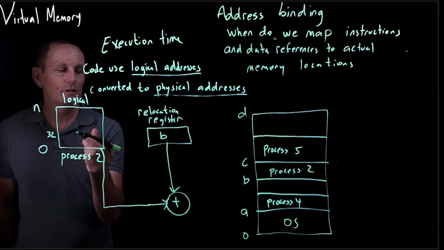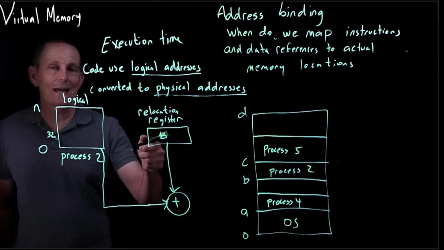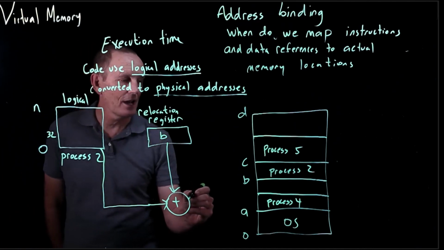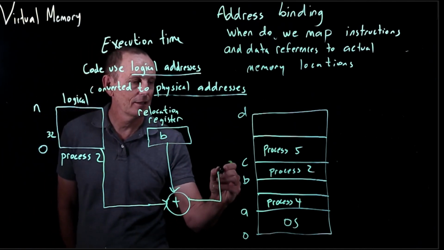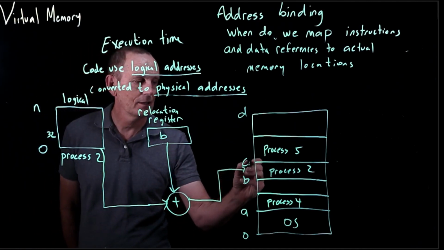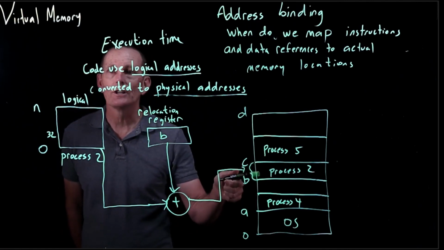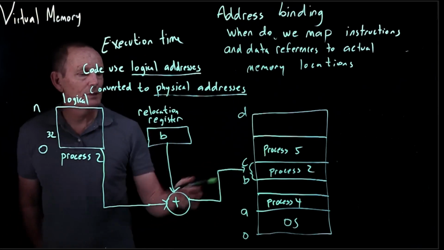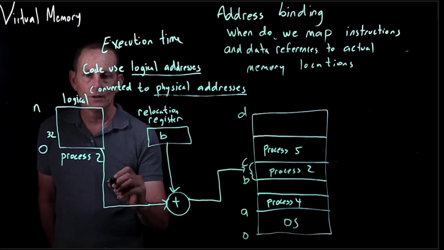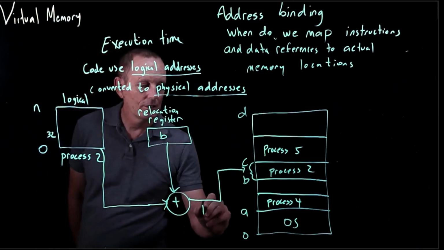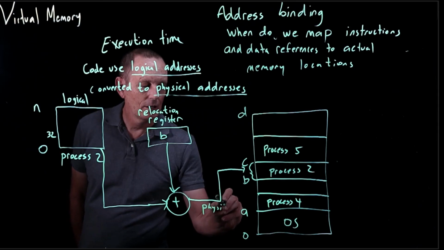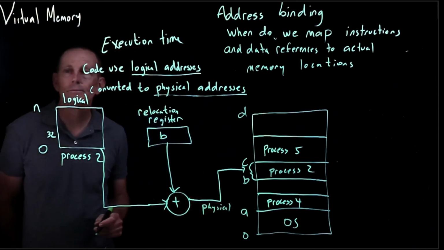Address 32 gets taken in here, gets added to B, and this gives us out a value starting from B. So logical coming in, physical coming out.